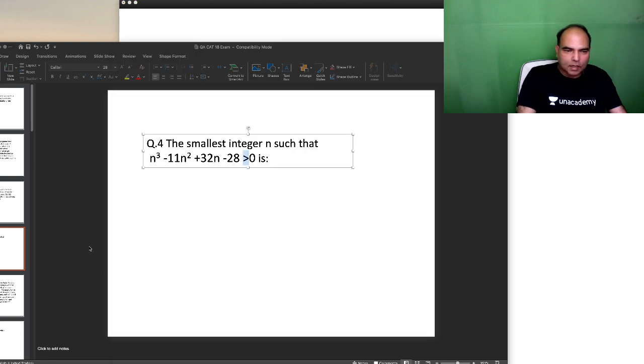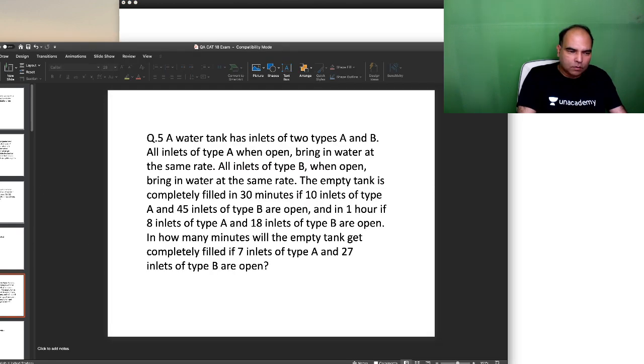Right, so let's come back to the next question now. This is the next question. I want you to first try to solve this on your own, and then I'll explain the solution and the logic to you. Have a look at this question first.